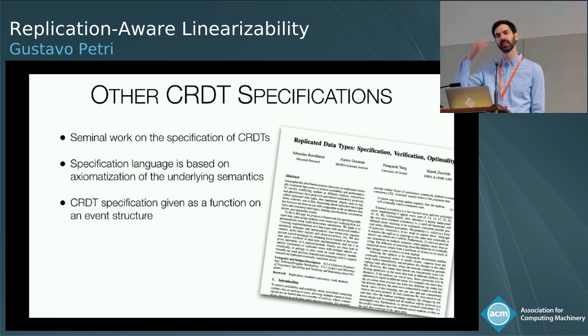If you have something in mind. No, that's fine. I'm just wondering, what's the best way to say what the strengths of RA linearizability are? It looks a little bit stronger than causal plus. I mean, we at least have causality, so I think we're probably going to be stronger or incomparable, but I cannot come up with an example off the top of my head. Okay, yeah, thank you.